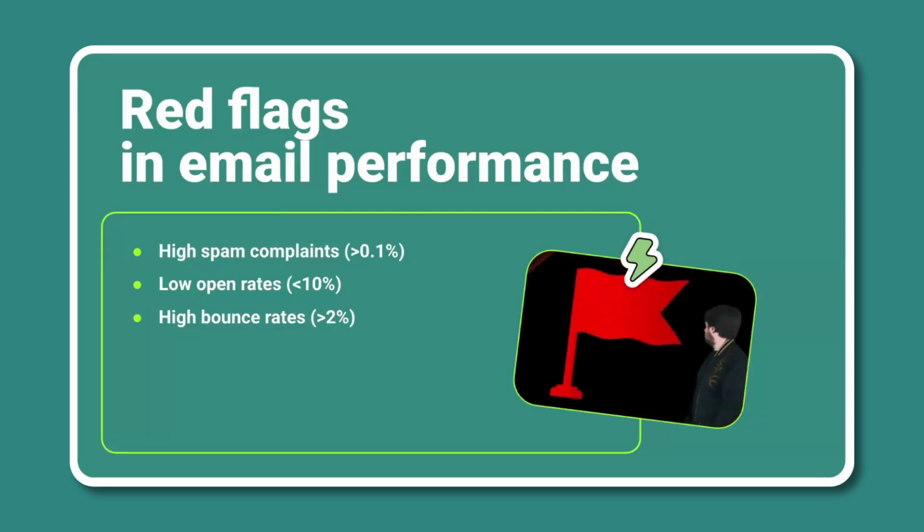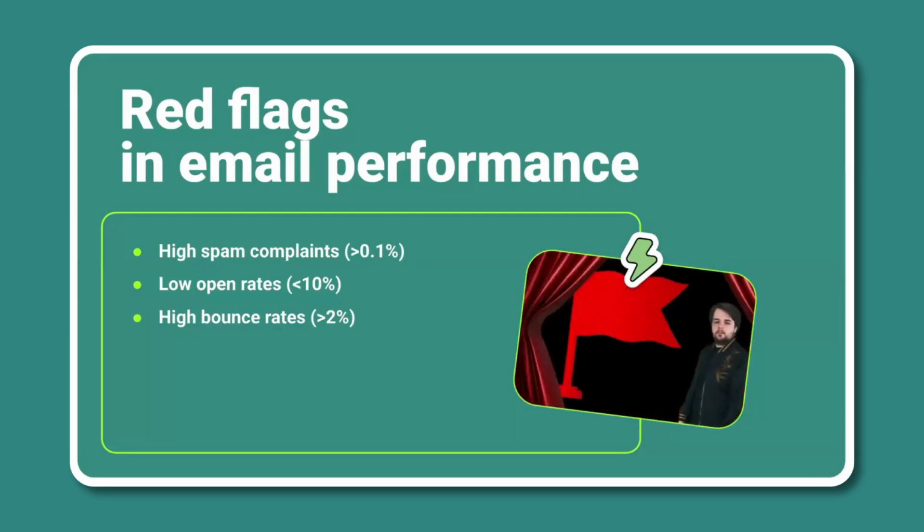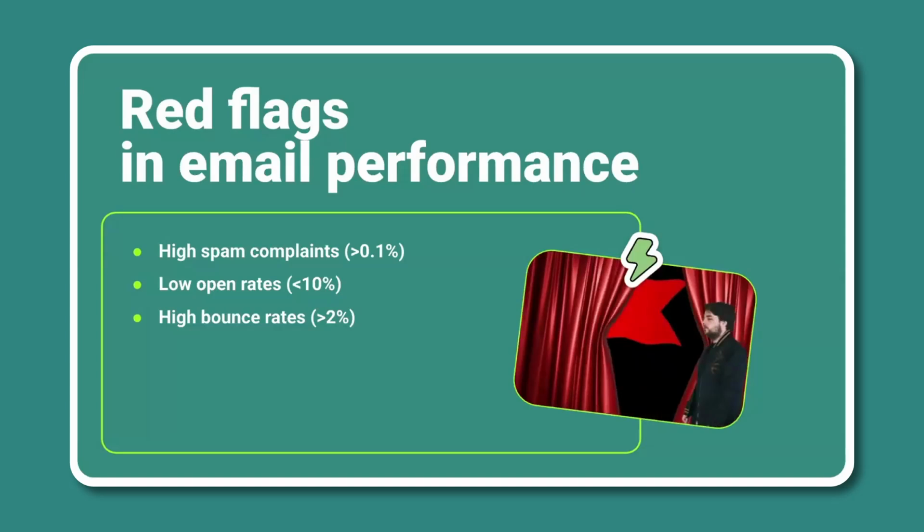Like, do you have reputation based issues? Do you have some kind of authentication issues, some technical error happening? That will be very specific for the use case, but it's really important for you to reach out to us in time so we can troubleshoot and help you resolve the issue.